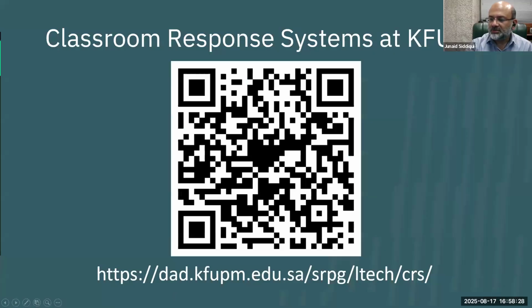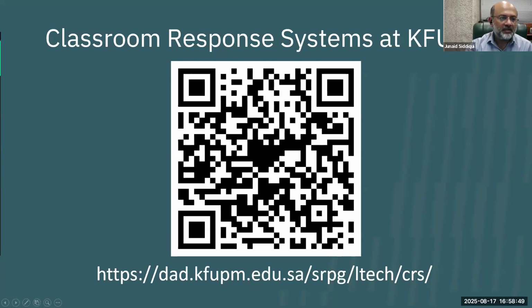And how to get the licensed version, this is the URL. I can paste this URL in the chat, although you can see it also from my screen. So this is the link.